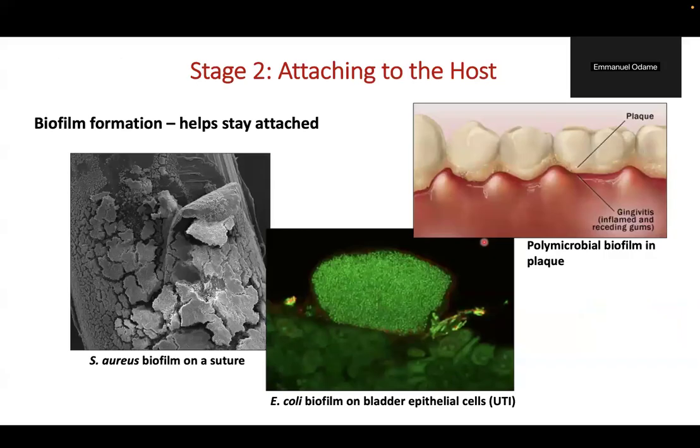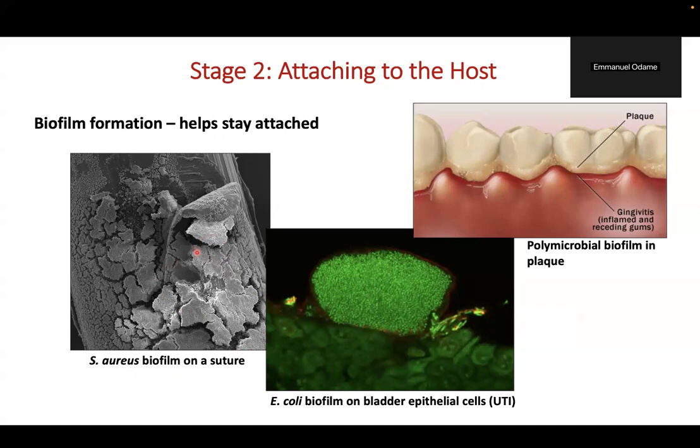So now, as I pointed out earlier with biofilm, they form a biofilm, which helps them stay attached and also helps protect them. So these are example images of biofilm. This is a Staphylococcus aureus biofilm on a suture.